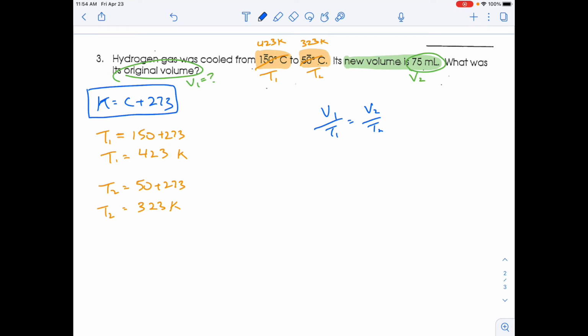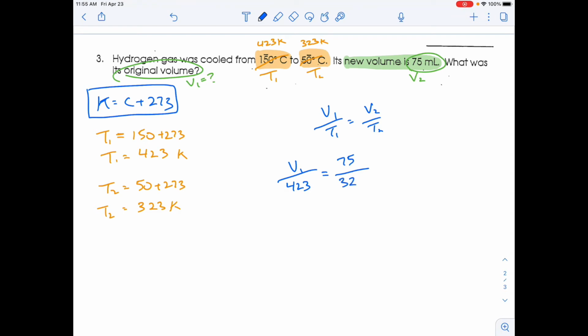So let's plug in what we know. Well, I'm looking for V1. Temperature 1 is 423. I have to use the Kelvin version. Volume 2 is 75, and I can use the milliliters.